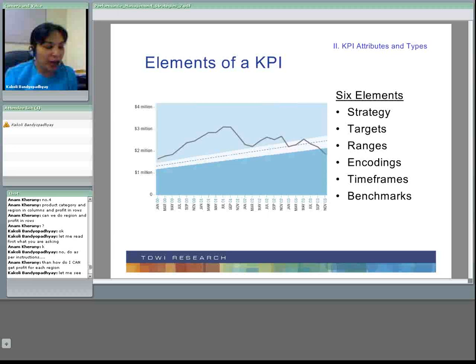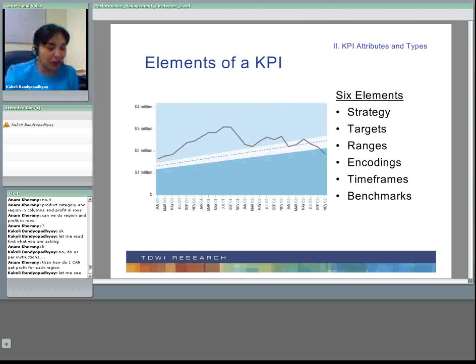KPI measures performance against specific targets. For example, the one that I just quoted, 10% growth in net revenue by year end. Then ranges: targets have performance ranges like above, on, or below target.